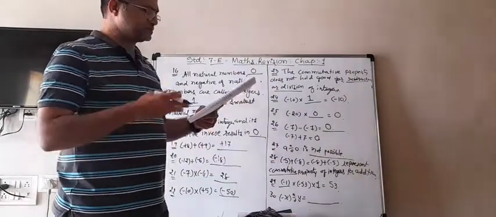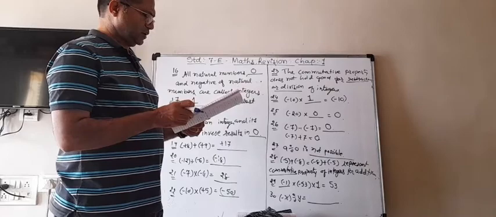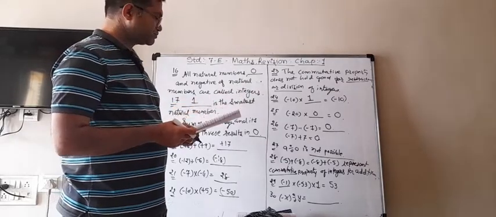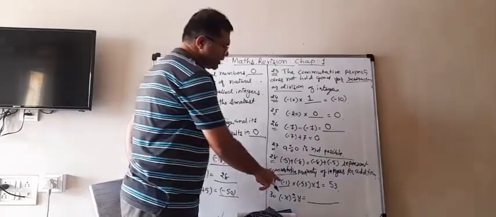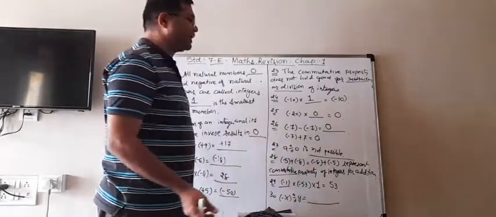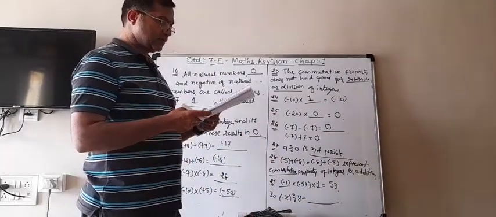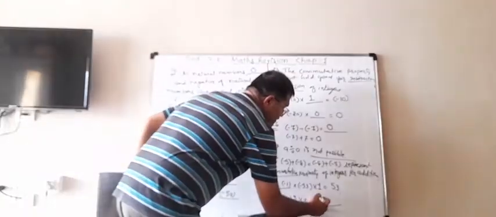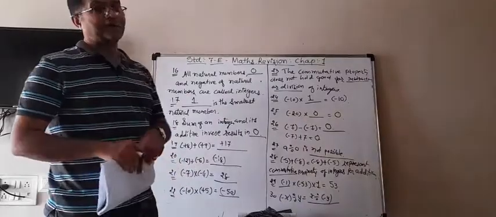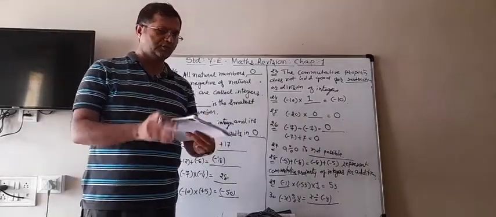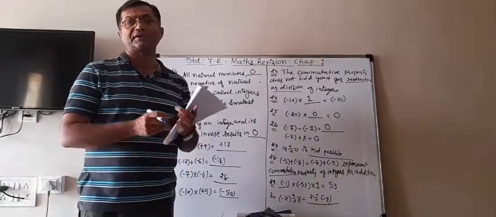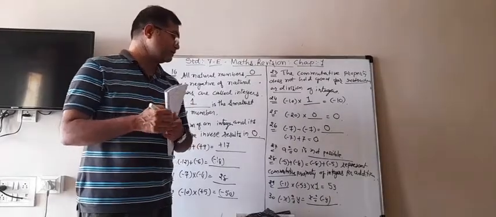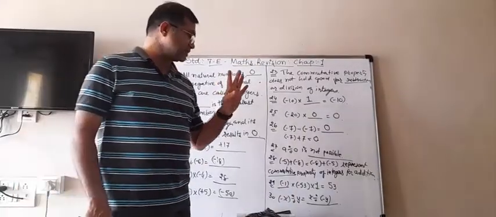Some options are also given, but here you can use that minus can be used at any place. So it can be written as x divided by minus y, because when the negative sign is either in the numerator or in the denominator, it represents the same integer. So the answer is x divided by minus y.